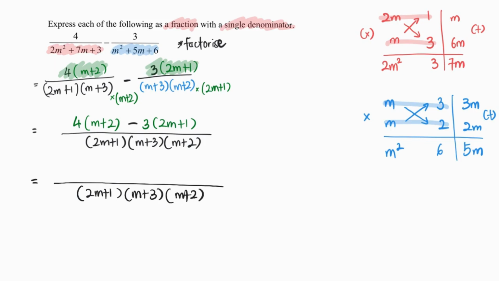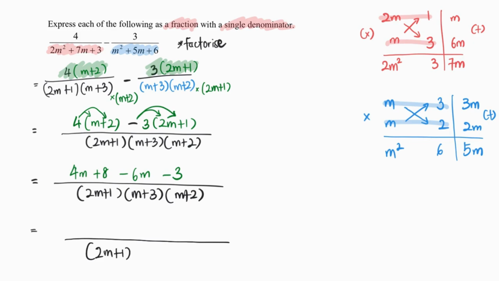And you can then see that it will be 4m, 4 times 2 is positive 8, negative 3 times positive 2m, negative 6m, negative 3 times positive 1, negative 3, and therefore, final answer, I will have 4m minus 6m, negative 2m, 8 minus 3, positive 5.